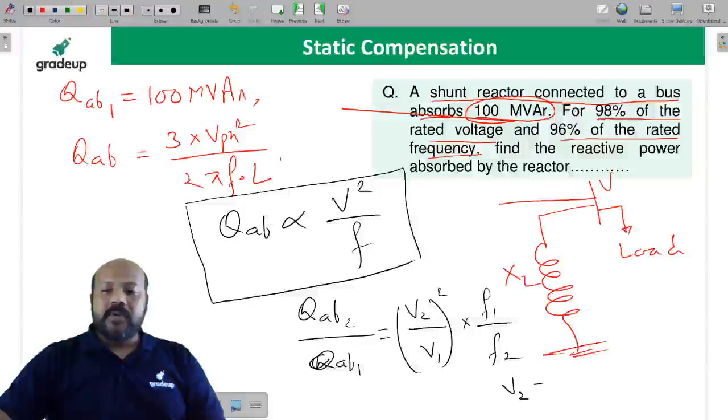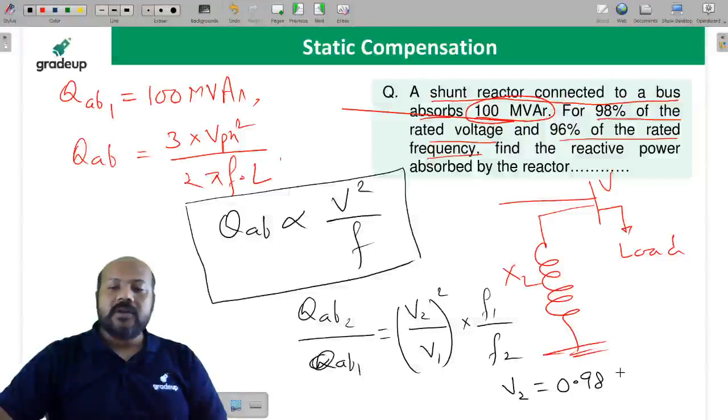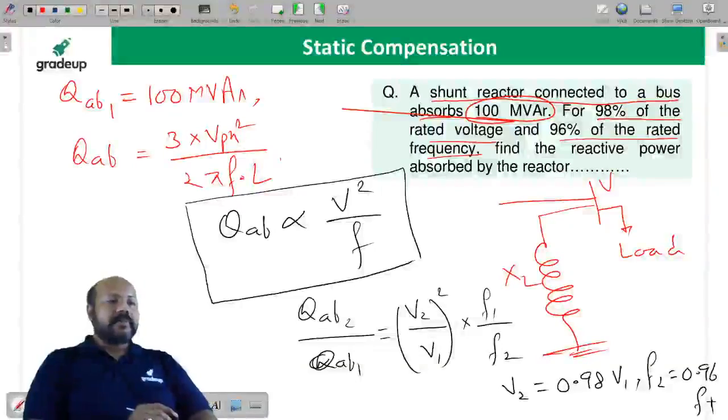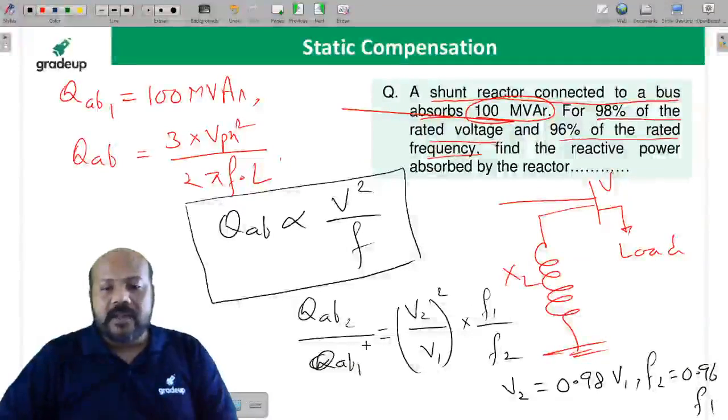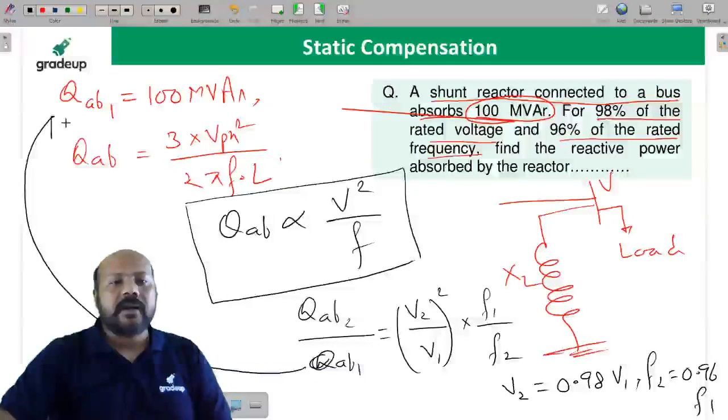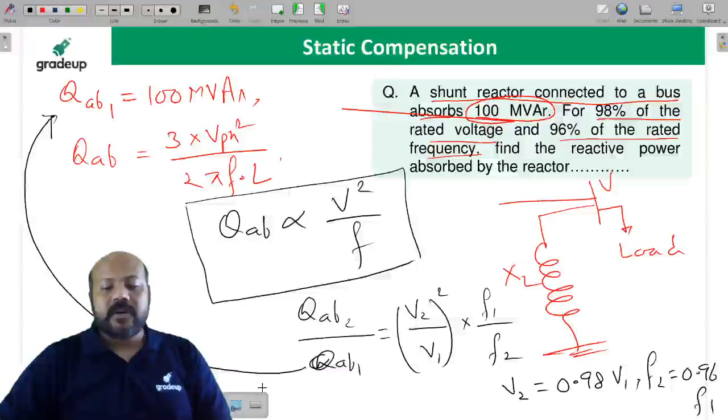V2 you put as 98%, so it is 0.98 V1, and F2 is 96%, so it is 0.96 F1. Just put these two values in this equation and put QAB1 equal to 100 MVAR. You will get the answer for QAB2.